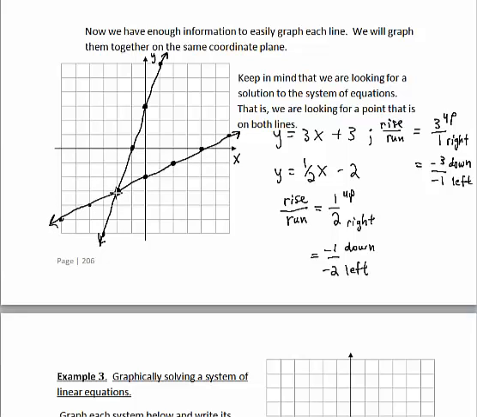And here we have the intersection of the two lines. This is actually the solution to the system.